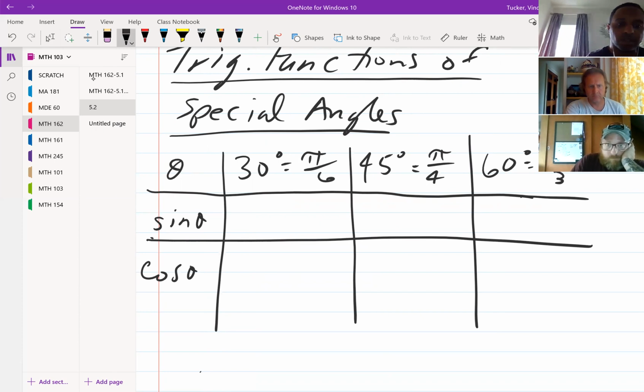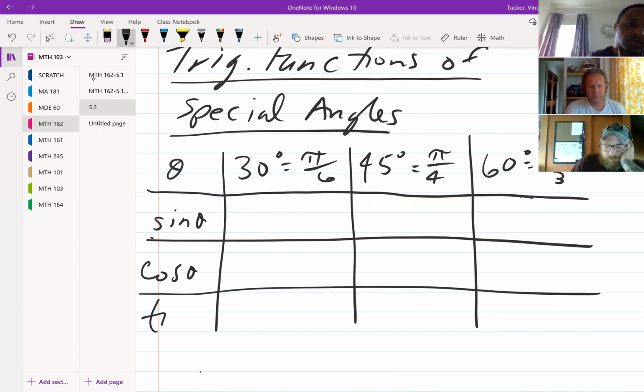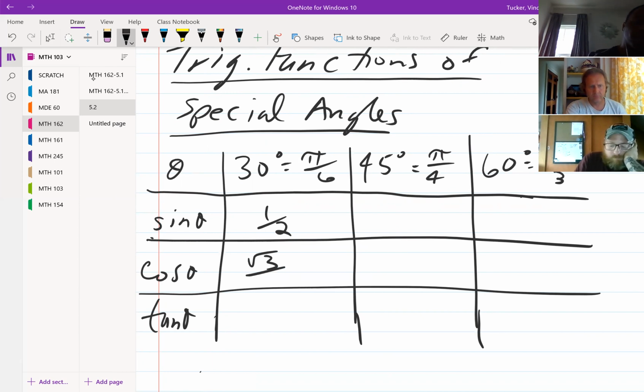All right, sine, cosine, tangent. Half, square root of 3 over 2. It should be square root of 3 over 3.